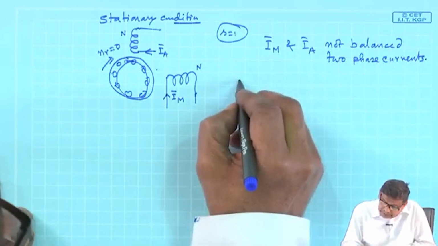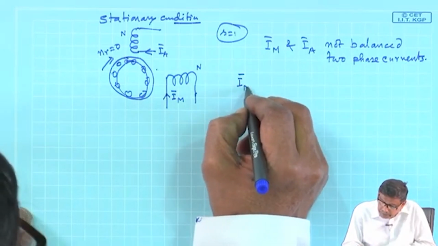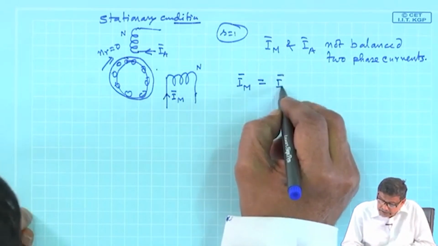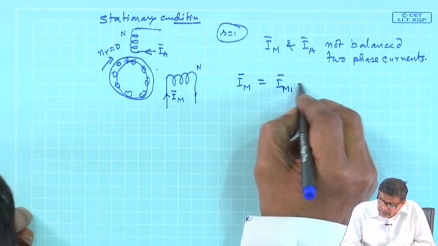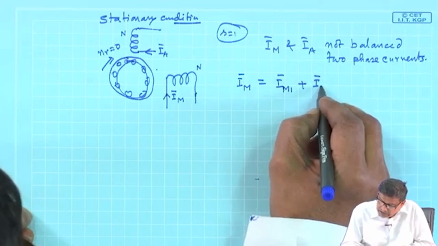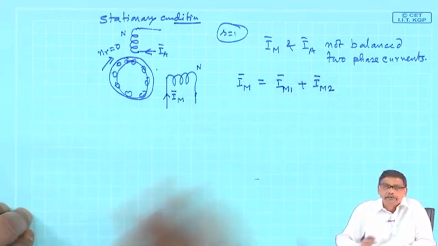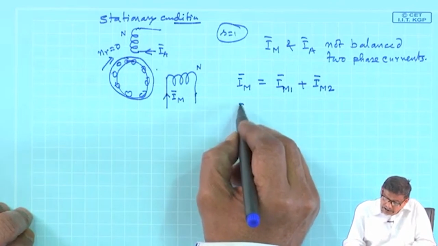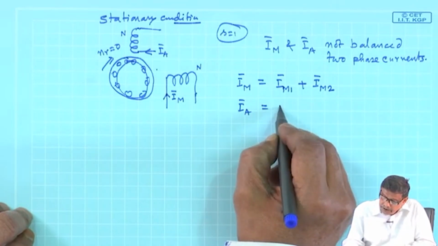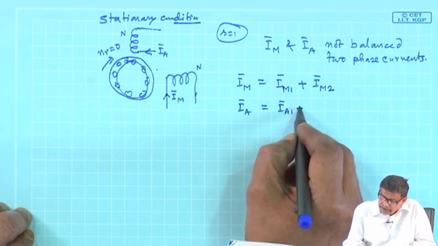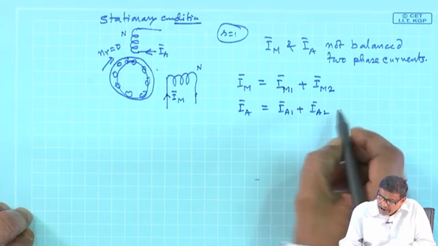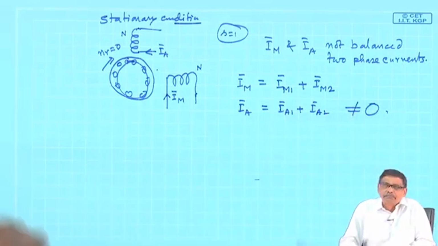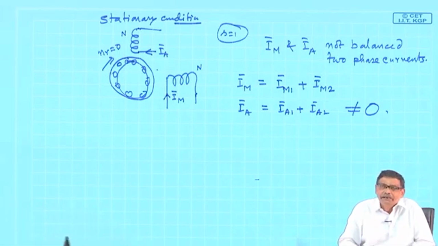If that be the case, then I bar m can be written as its positive sequence I bar M 1 plus its negative sequence I bar M 2. This I have done earlier, but let me do it once again. Similarly, auxiliary current I bar A is equal to I bar A 1 plus I bar A 2, and this time this is not equal to 0. In our imagined machine, I brought in the auxiliary winding to understand what is going on, and I assumed I bar A is equal to 0, but here it is not like that.